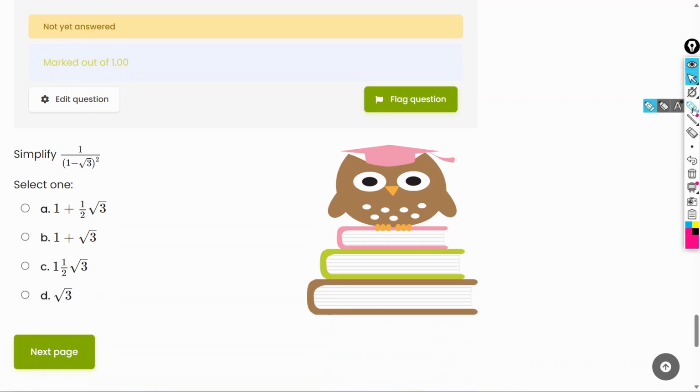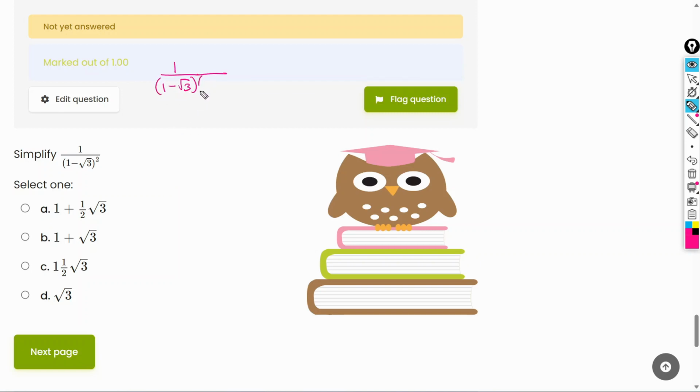Alright, so question 10 says we should simplify that. Okay, so there are multiple ways to approach this. And I think, okay, let me just go the regular route. Yeah, so this is 1 over 1 minus root 3, minus root 3 squared.